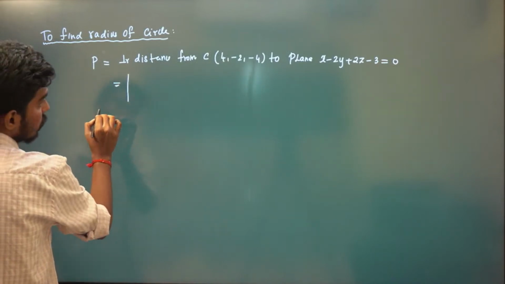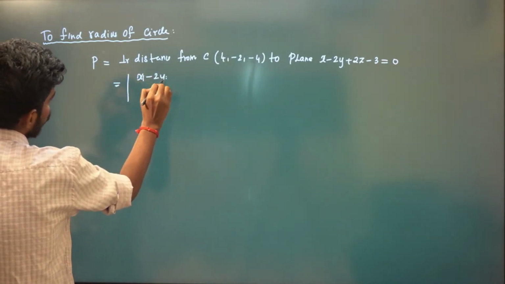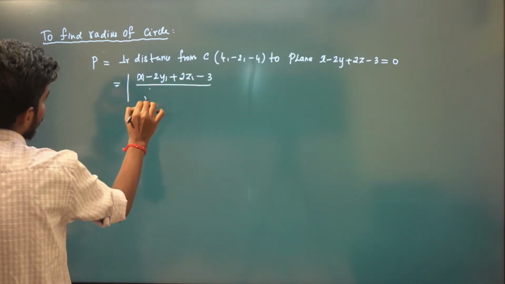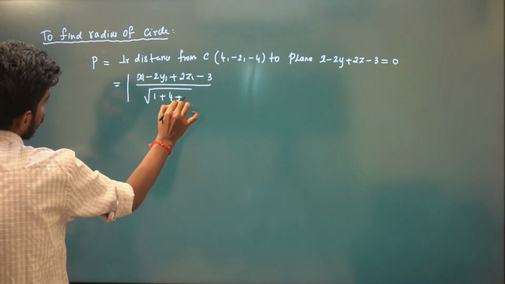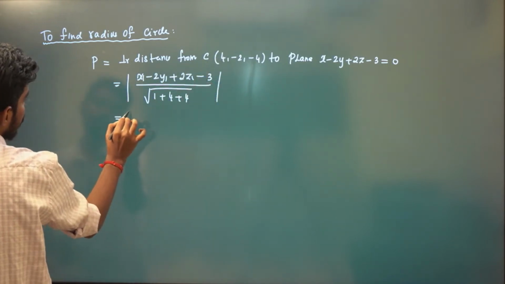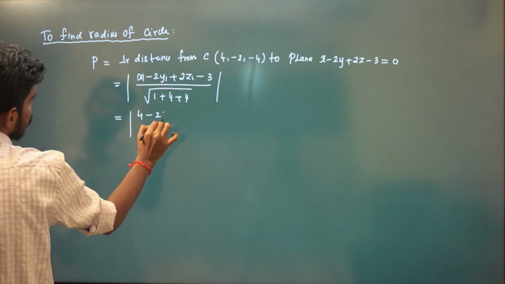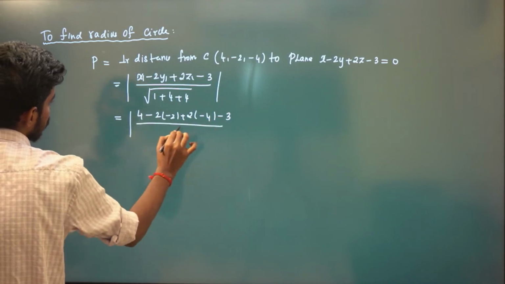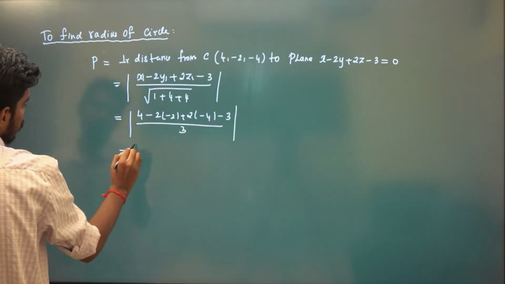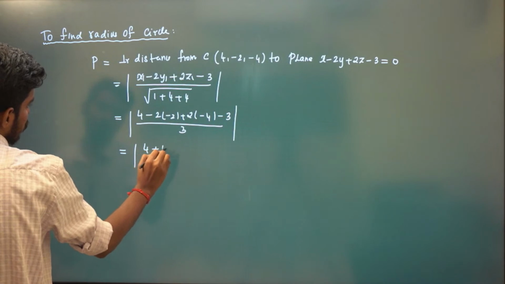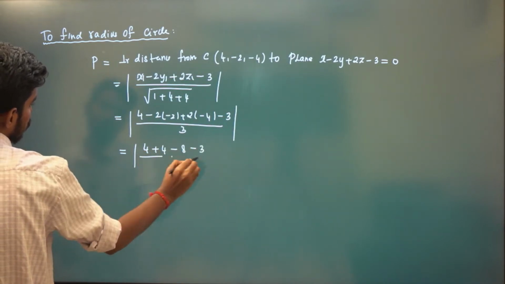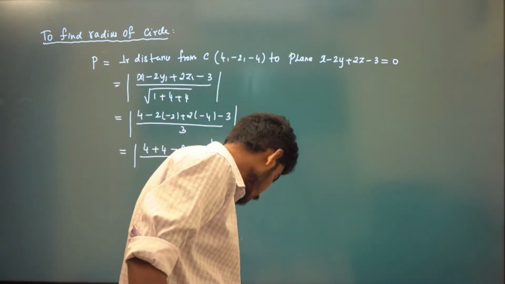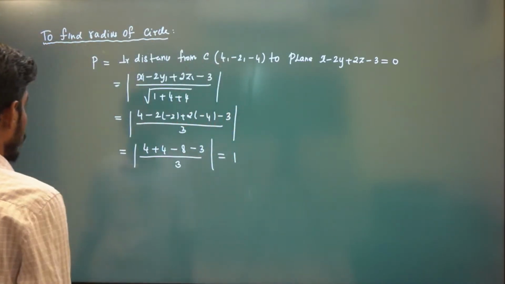So just apply the perpendicular distance formula. So it is x1 minus 2y1 plus 2z1 minus 3 divided by root of 1 plus 4 plus 4. x1, y1, z1 is, will give you 1, right?